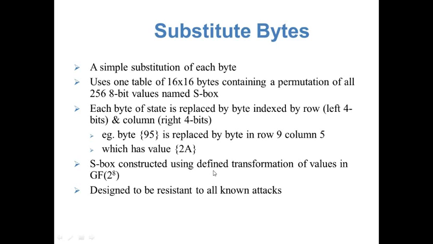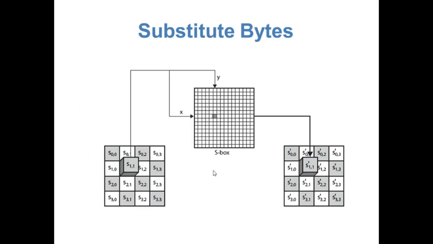Specifically, the Rijndael developers sought a design that has a low correlation between the input bits and the output bits, with the property that the output cannot be described as a simple mathematical function of the input, and no fixed points and no opposite fixed points.